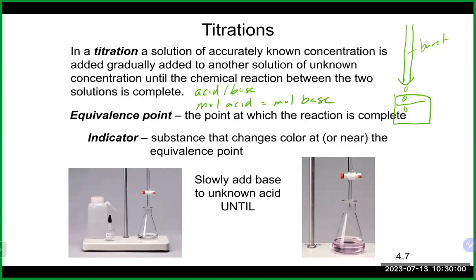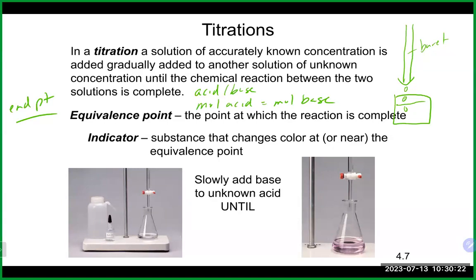So if you remember when we talked about acid-base reactions, it's sometimes referred to as a neutralization reaction. And when you reach the equivalence point in a titration, that is the exact point where the moles of the acid equals the moles of the base. There's also another terminology that's sometimes used in titrations, which is the end point of a titration.